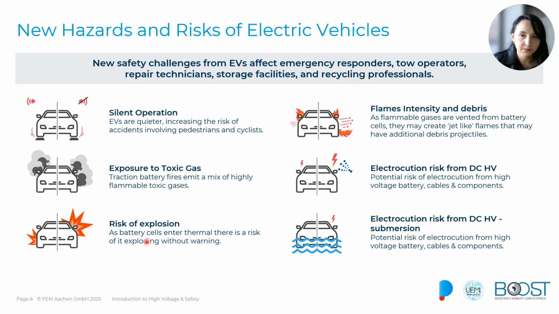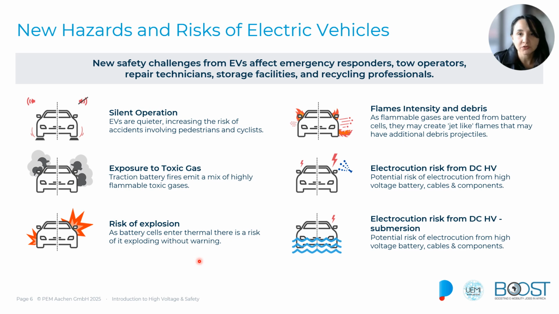Next we have the risk of explosion. In this case, if a single battery cell in the whole battery pack overheats, it can trigger a chain reaction and potentially even a catastrophic explosion. This often includes intense flames, and in some cases debris is ejected at high speeds, which creates an additional hazard for emergency responders, for instance, or for technicians who are repairing those.